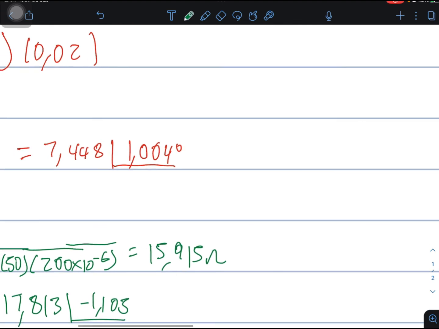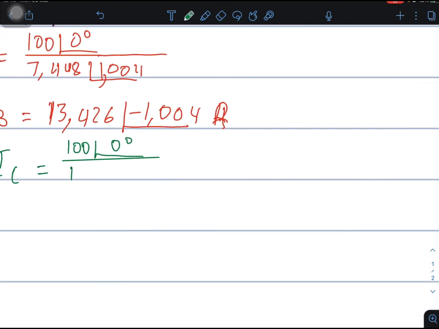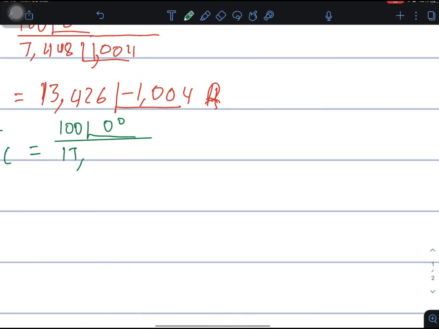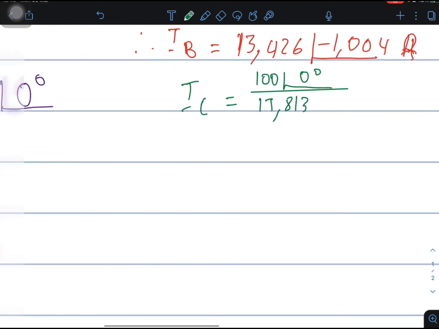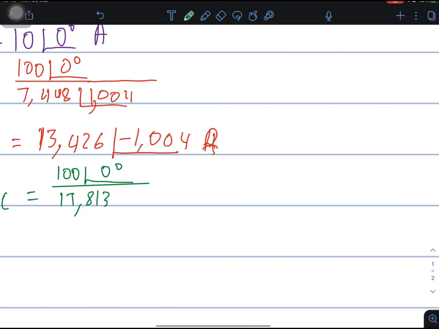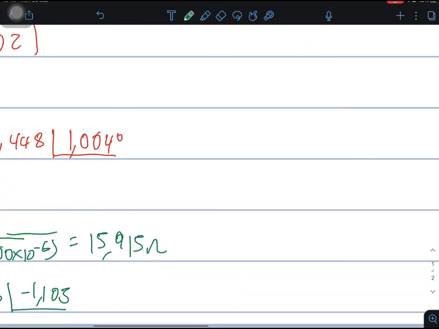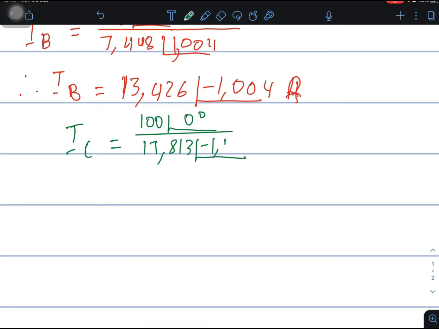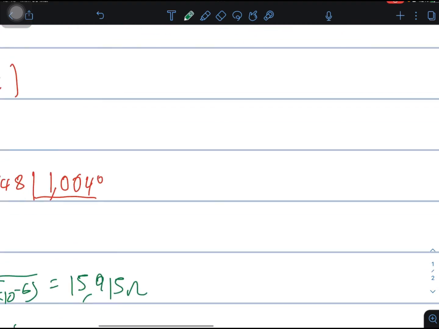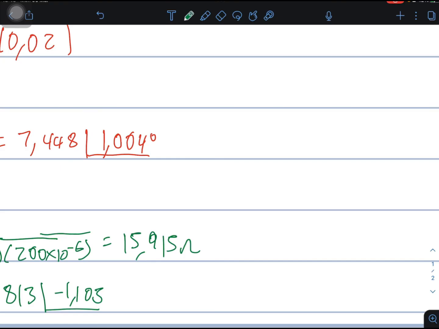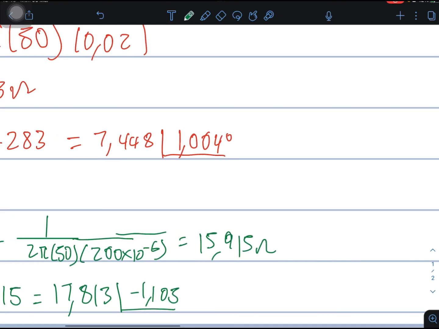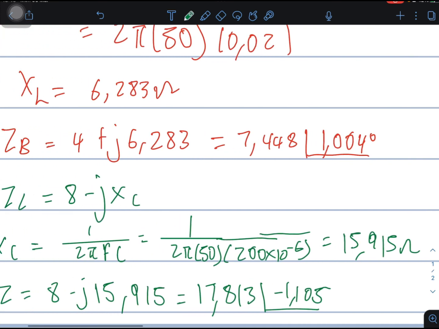ZC is 17.813 at angle negative 1.1105. Let me just confirm the angle, is that 5?